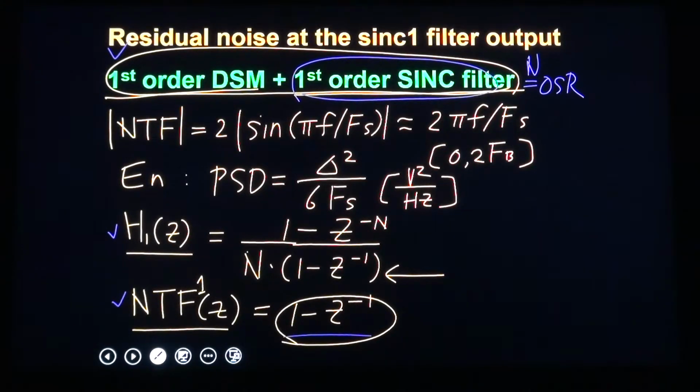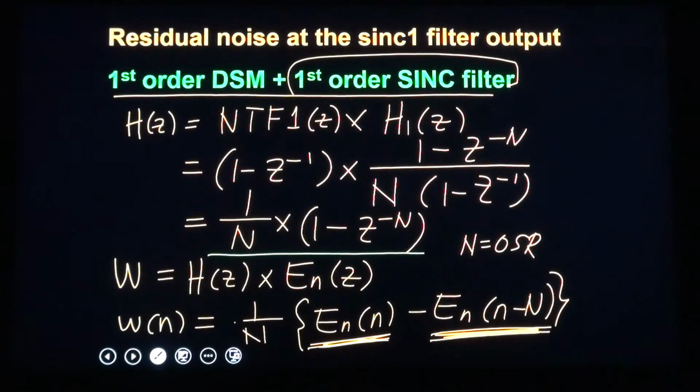The 1 represents the first order delta sigma modulator. The transfer function of the entire system can be represented here: 1 over n times this. The differentiator term is cancelled by this integration function.